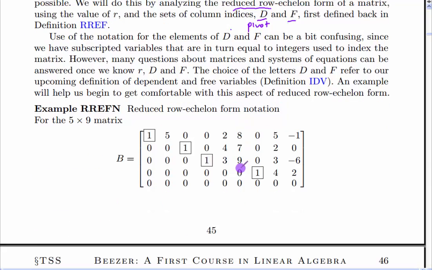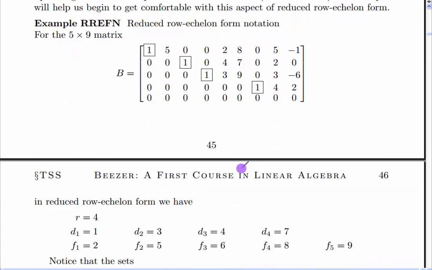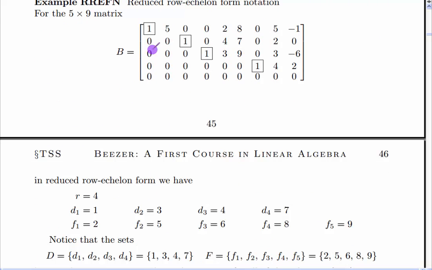Here we have a reduced row echelon matrix, and we know that this is associated with a system of equations. You remember how to do that? This first column is variable x1, second one is x2, third one is x3, x4, x5, x6, x7, x8, and then this is the constant column.